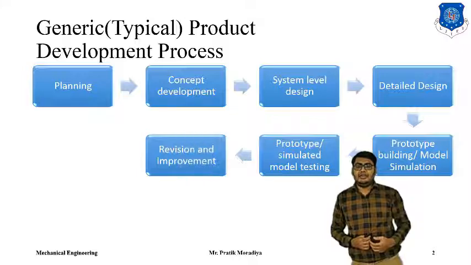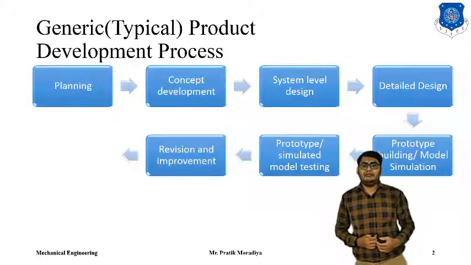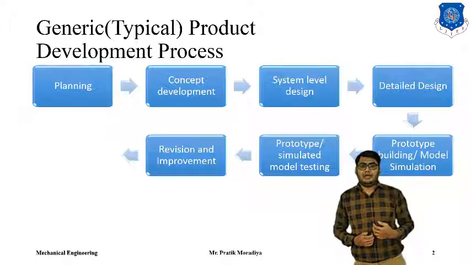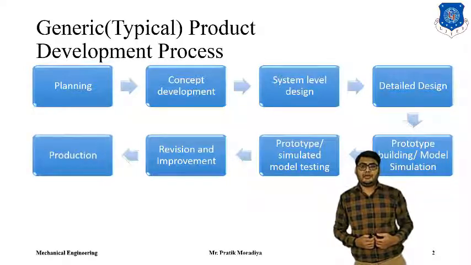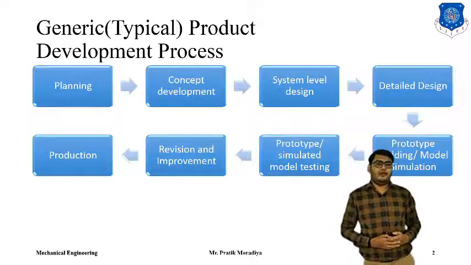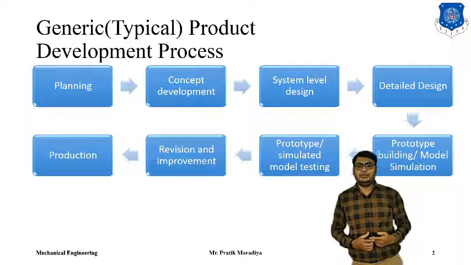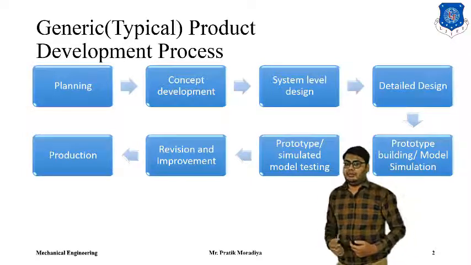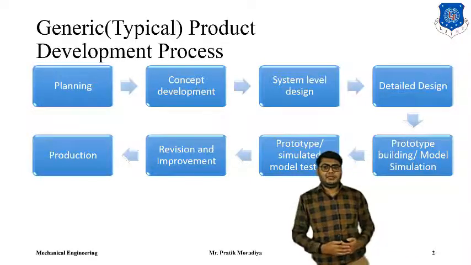After testing, if it is required, then you revise or improvise your system or model, and if it is satisfactory for you, you can go for the production. So this product development cycle comprises all the stages starting from planning to production itself.